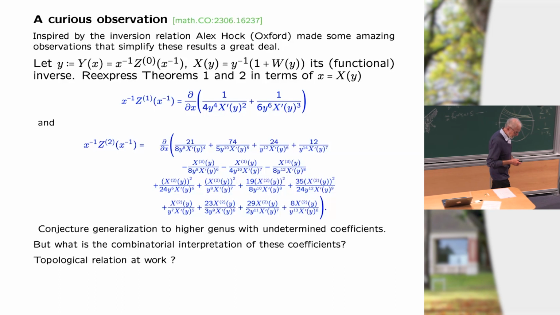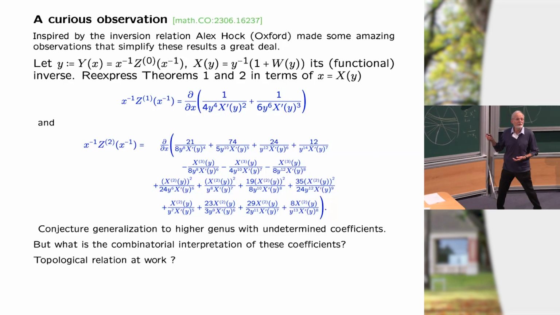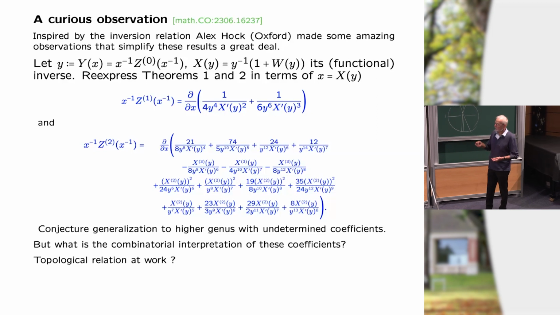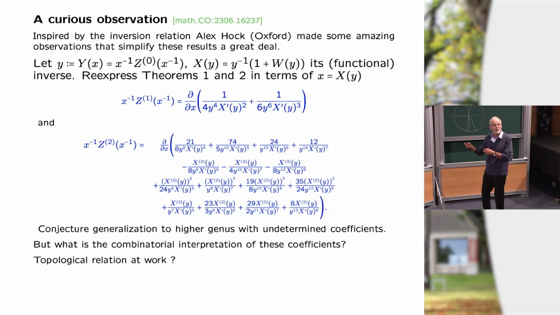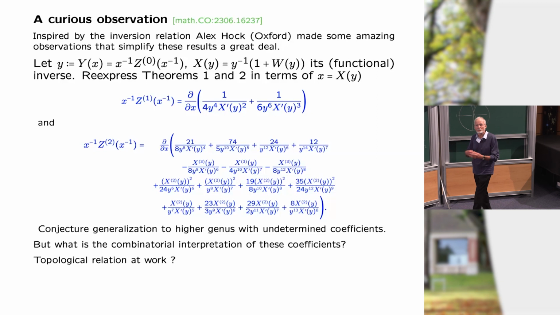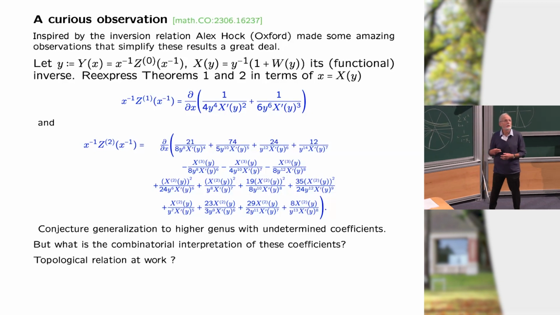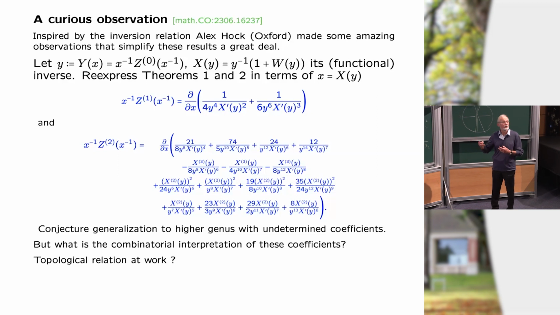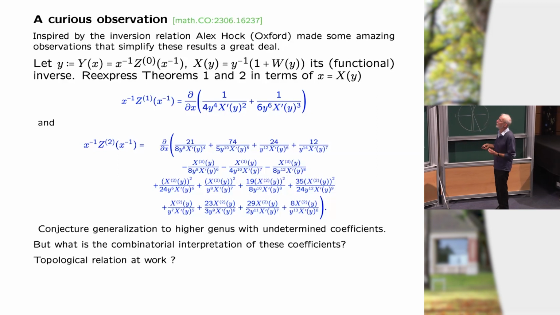Namely, using what he himself is a specialist of, what is called topological recursion. So he's quite at ease with all these relations developed by Eynard, Orantin, Chekhov on connection counting for different genera.